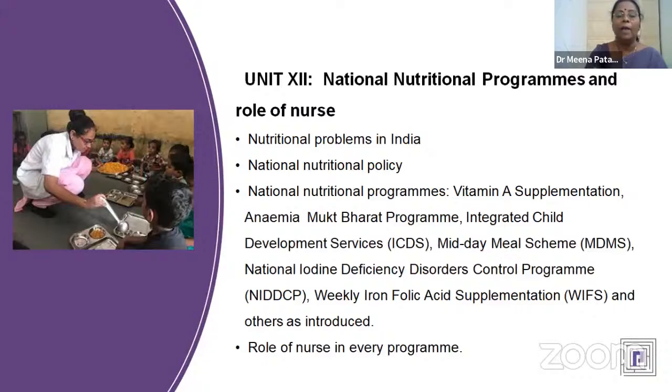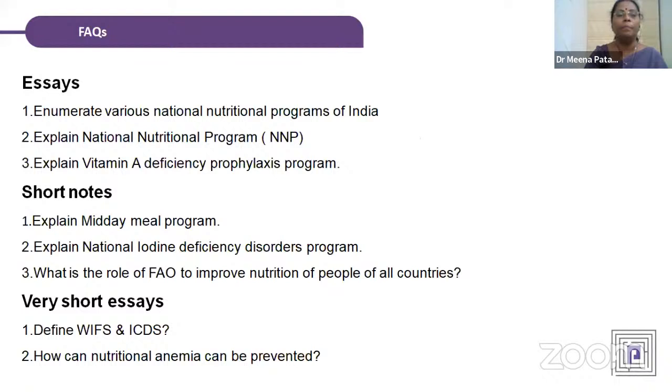And weekly iron folic acid supplementation and others as introduced by the government, and the role of nurse in every program.